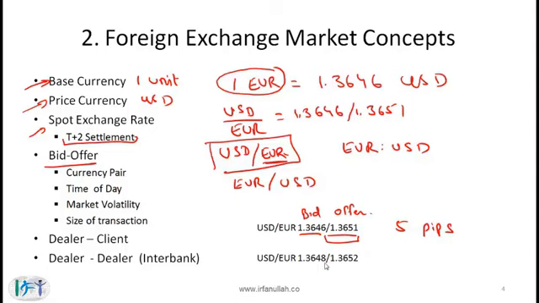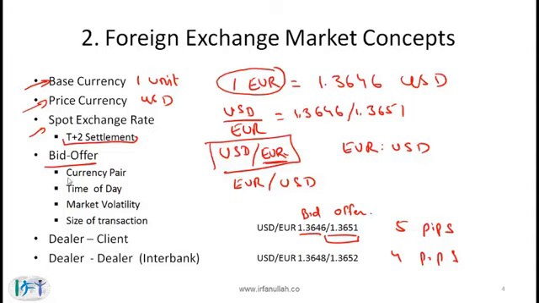Another example is over here, where we have the bid being 1.3648 and the offer 1.3652. Here the spread is 4 pips. Now coming back to bid offer, what is it that helps us determine how wide the spread is?